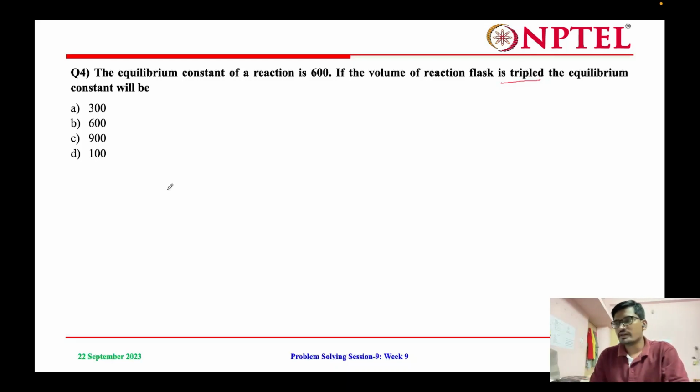As you know, the equilibrium constant does not change with concentration and volume. It depends on the nature of the reactants, products, the temperature and pressure, particularly in reactions involving gases. So it is independent of the concentration, therefore also independent of the volume. Hence the equilibrium constant will be the same, 600, even if we triple the volume of the flask. Option B.